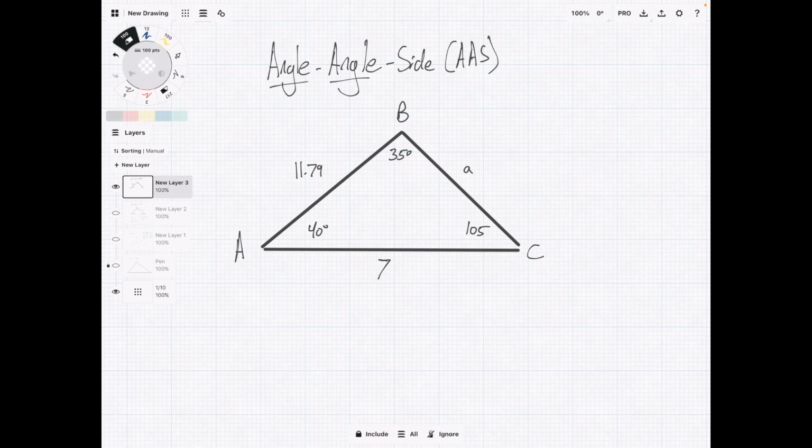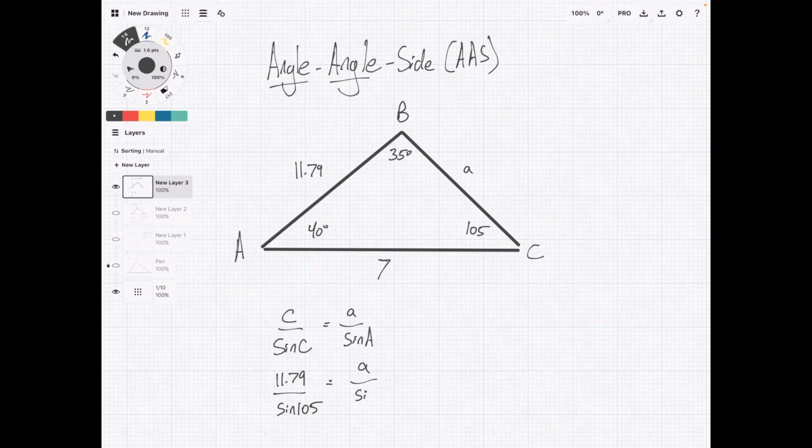I'm going to do c over sine of C equals a over the sine of A. Plug in what we know. 11.79 over sine of 105 equals a over the sine of 40. a is sine of 40 times 11.79 over the sine of 105. a comes out to be 7.84.